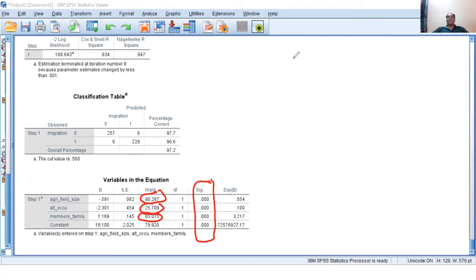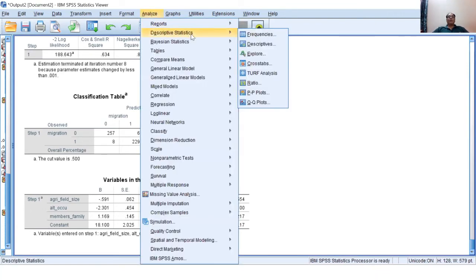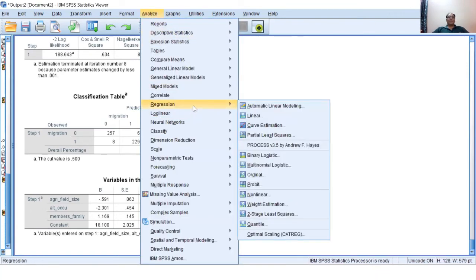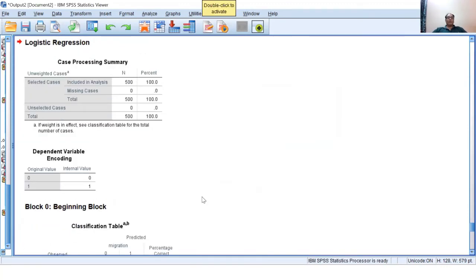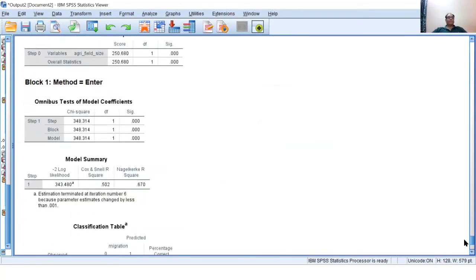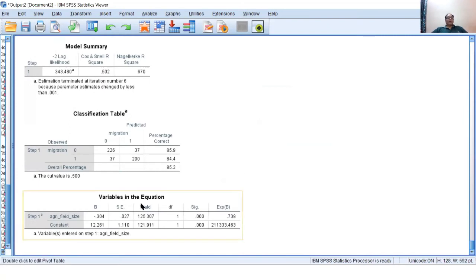First of all, let me apply the binary logistic regression to show you something. Let me remove this first. We will go one by one. So this is the result I'm getting, and I copy this result to use in the Excel file.